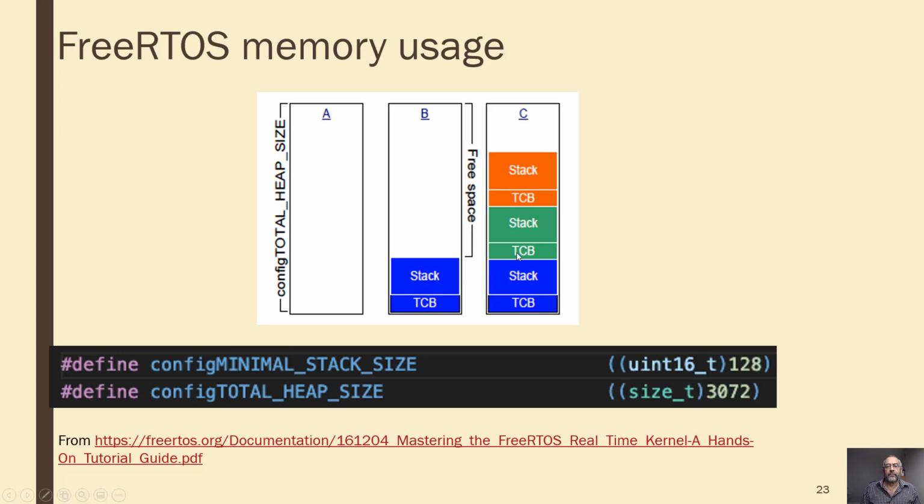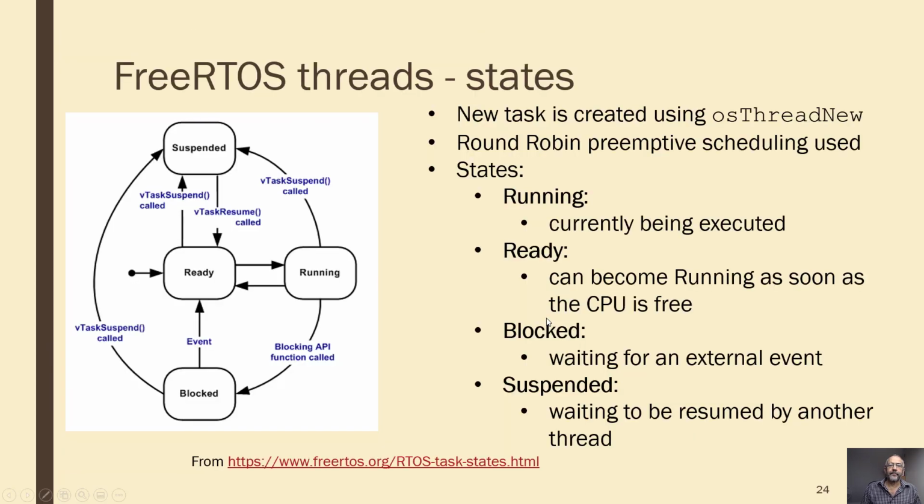And if you have more threads, then more of these thread control blocks and stacks are necessary. And they are all put in the heap. There is a memory area called the heap that contains these stacks and thread control blocks. And that's, as you can see, configurable. So you can configure the total heap size, and you can configure the minimal stack size.